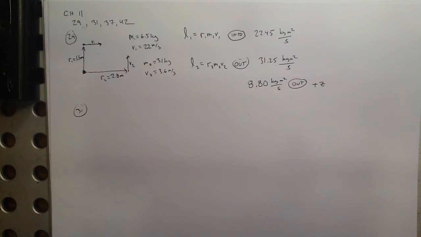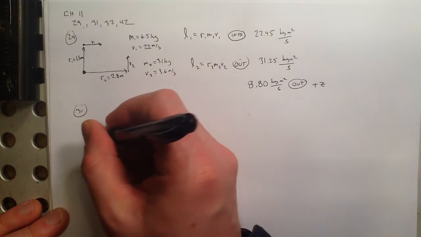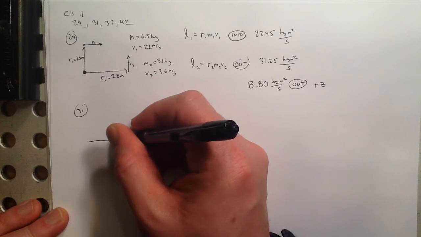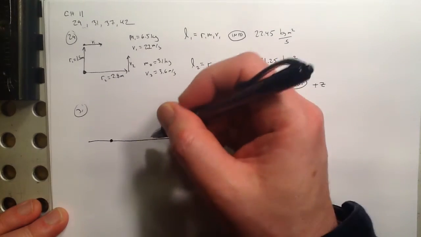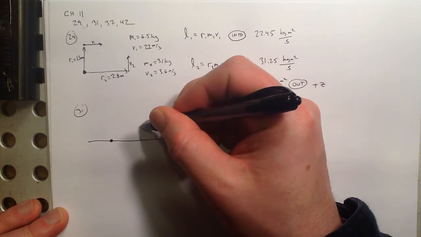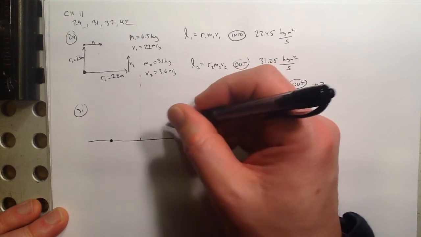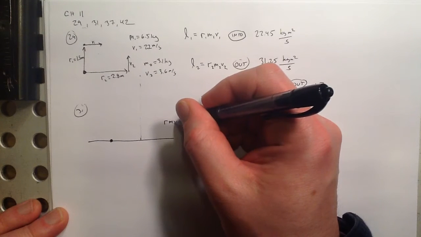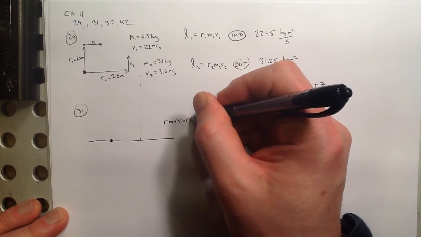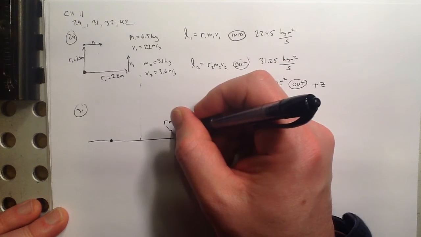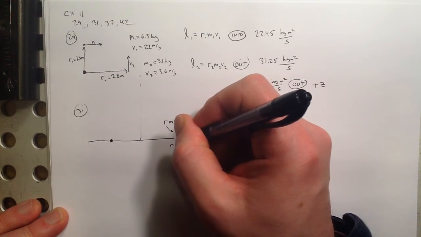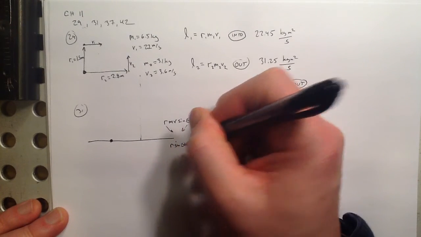Number 31. We talked a little bit in class today, I think, that if this ball's going up along this line, then when you're talking about the r m v sine theta, this part, the r sine theta, is constant.